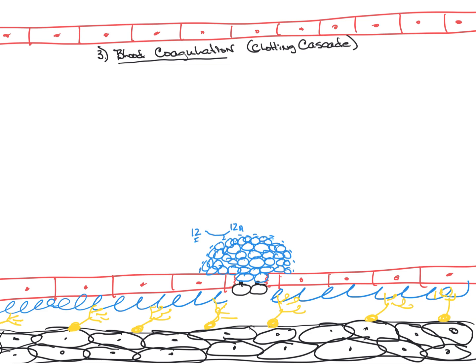So what 12 does, and by the way, again, you write this in Roman numerals as well, which is what you'll normally see, but I'm going to keep it in this format simply so it relates back to what I drew out for you earlier. Inactive 12 hits this negative charge set up by the platelet plug and becomes active 12.